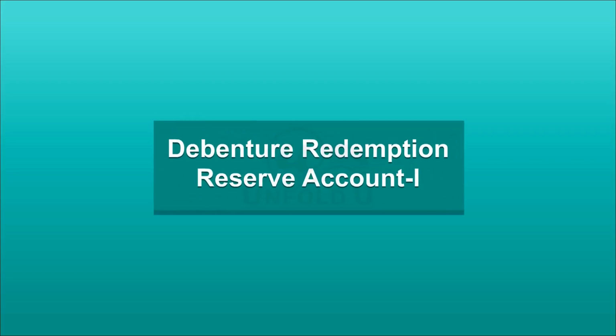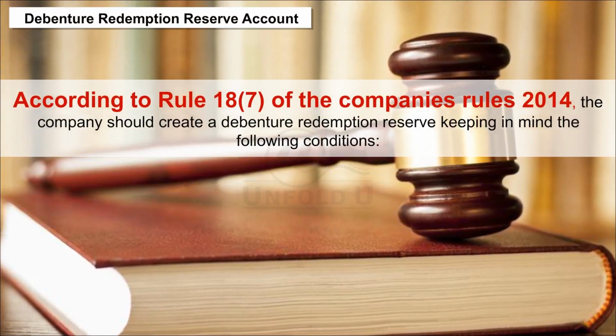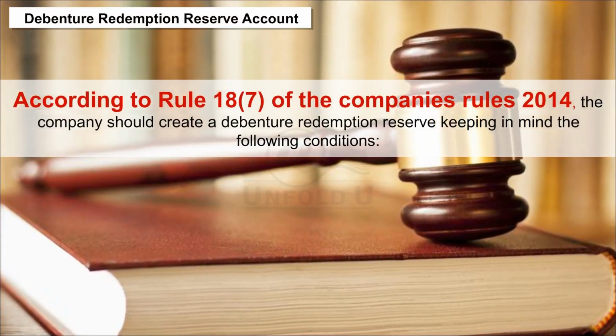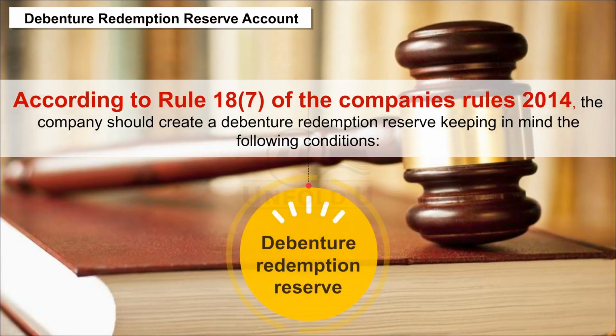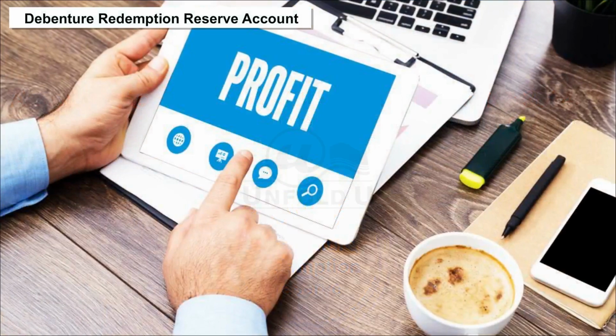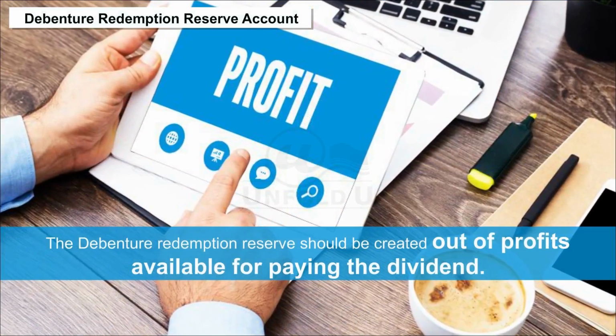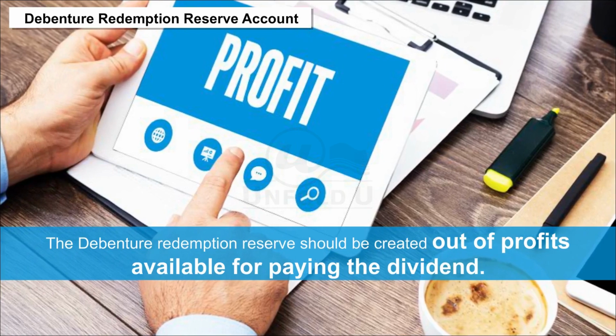Debenture Redemption Reserve Account 1. According to Rule 18(7) of the Companies Rules 2014, the company should create a debenture redemption reserve keeping in mind the following conditions. A. The debenture redemption reserve should be created out of profits available for paying the dividend.